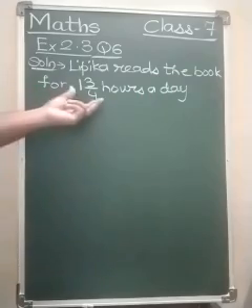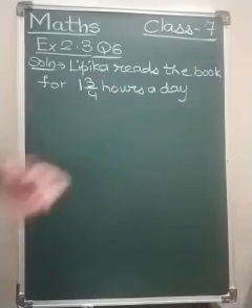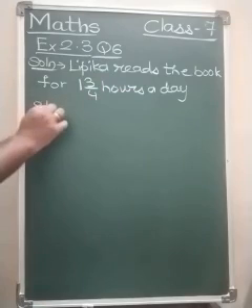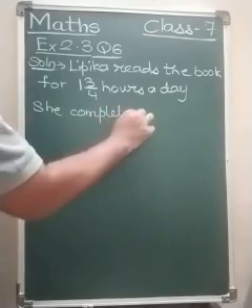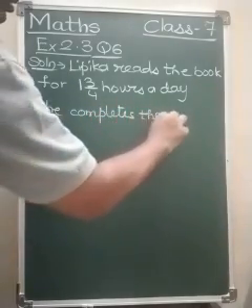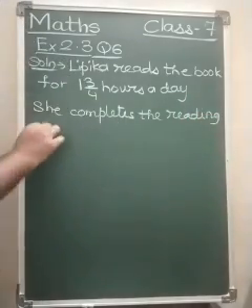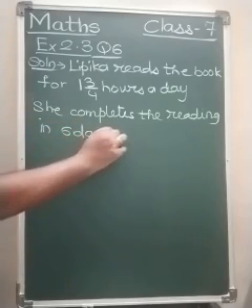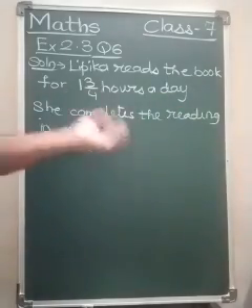Okay, every day this much hours she is spending to read the book or to do her studies or do her homework. Then she completes the reading in 6 days. So she completed the reading book in 6 days.